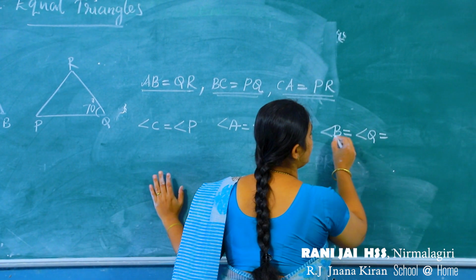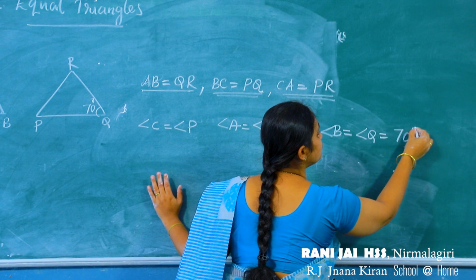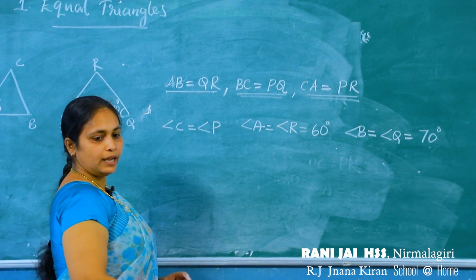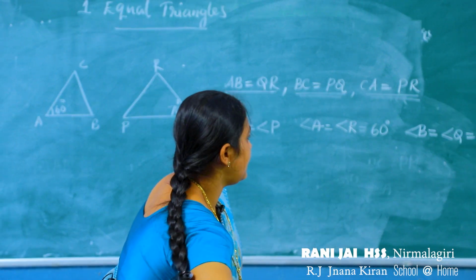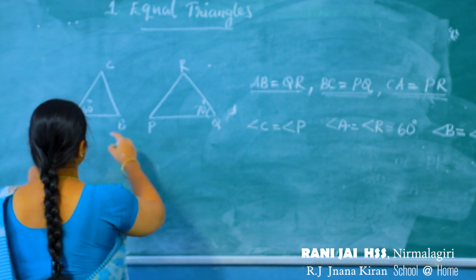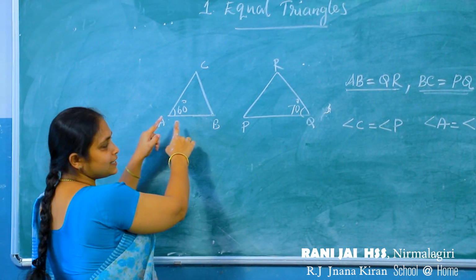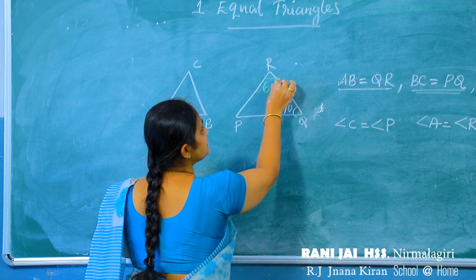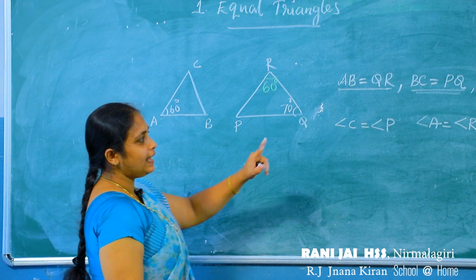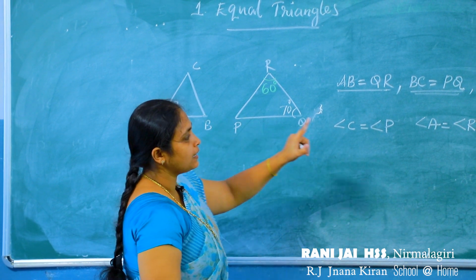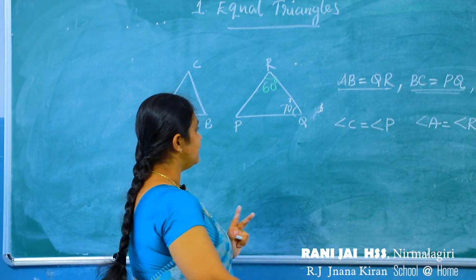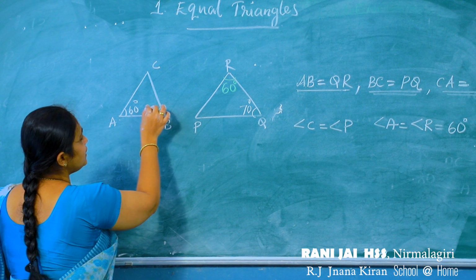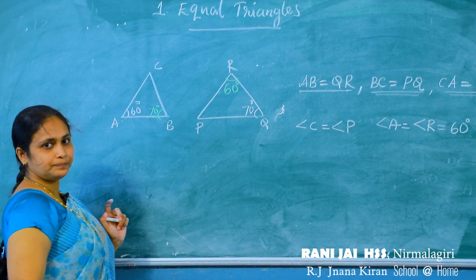Therefore, angle Q and angle B both are equal to 70 degrees. Now we can write the given angles: angle A equals 60 degrees, angle R equals 60 degrees, and angle B equals angle Q equals 70 degrees.